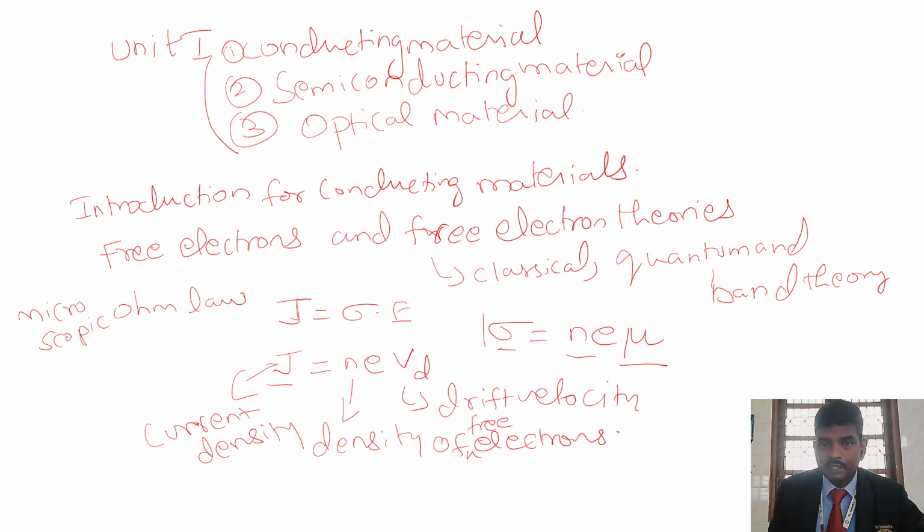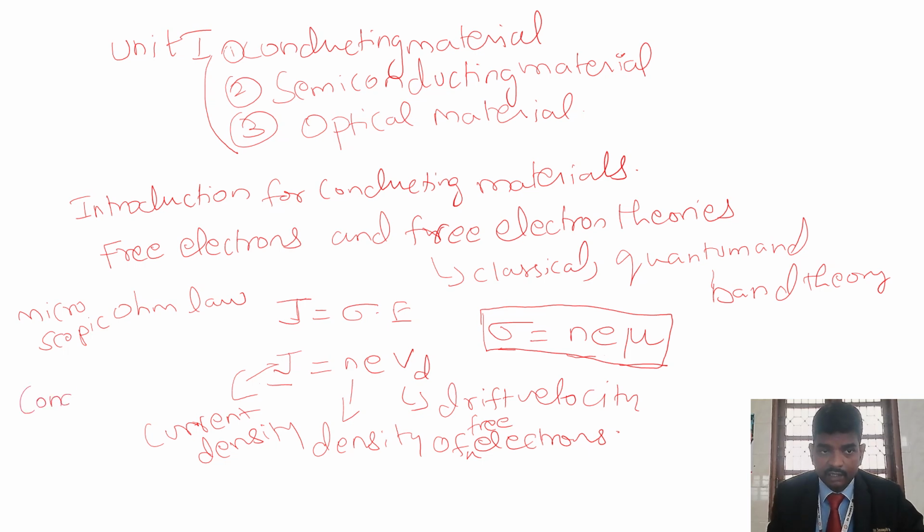And from this expression, many questions can be asked. For example, how does the electrical conductivity change with respect to temperature? If we increase the temperature, what happens to the electrical conductivity in a conductor?